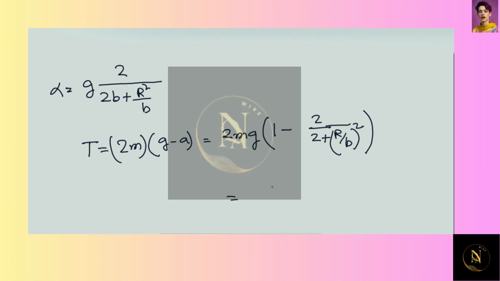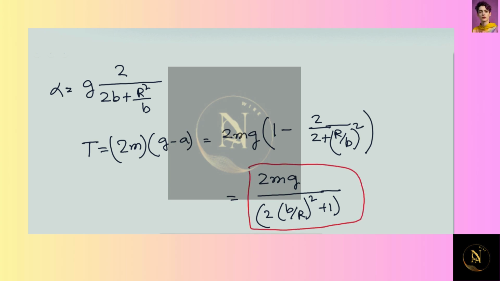If we simplify this a little bit, we get 2mg divided by twice b by r, whole squared, plus 1.